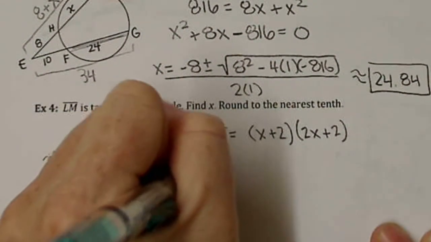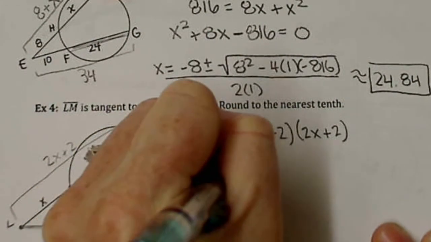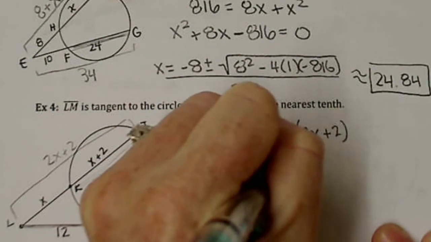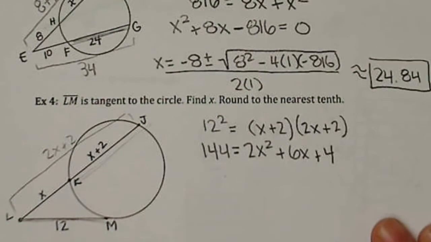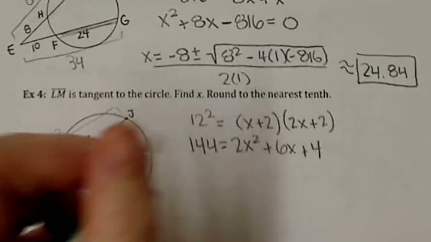Okay, let's simplify this and FOIL the right side. 2x squared plus 6x plus 4. And, of course, quadratic, so set it equal to 0.